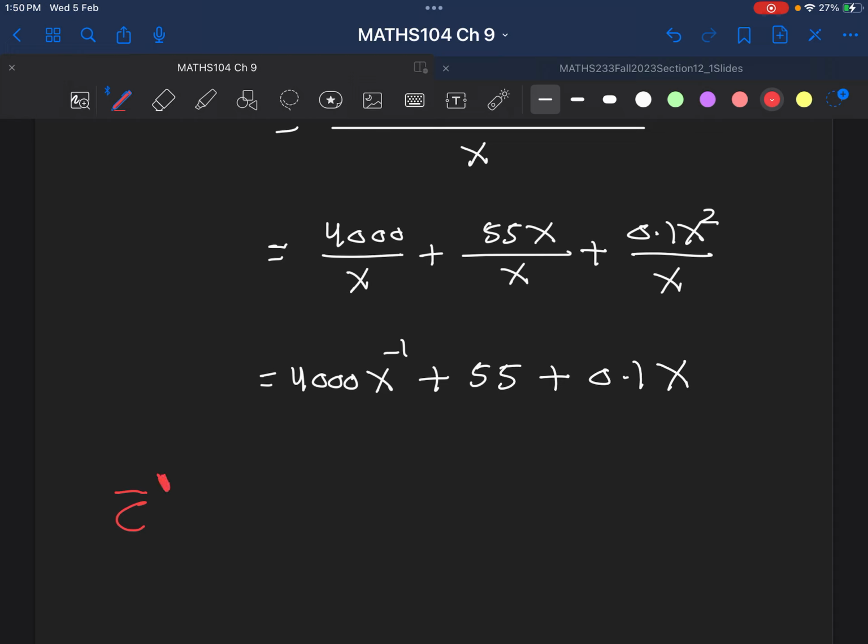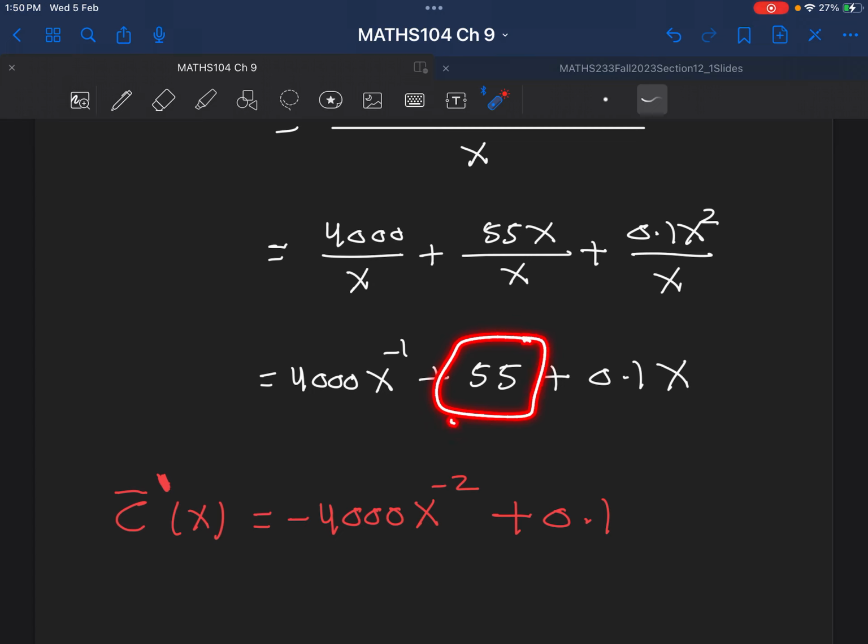Now, all we need to do is find the derivative of this function. What is the derivative? It will be negative 4,000 x to the negative 2 plus 0.1. Why? Because 55 has no x, so its derivative is 0. The derivative of 0.1x is just 0.1, so this number will survive.